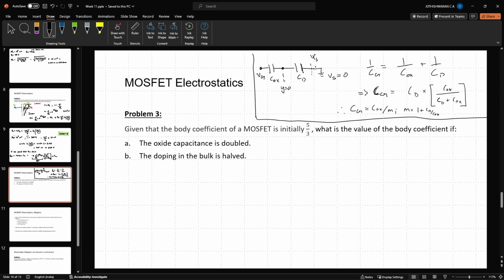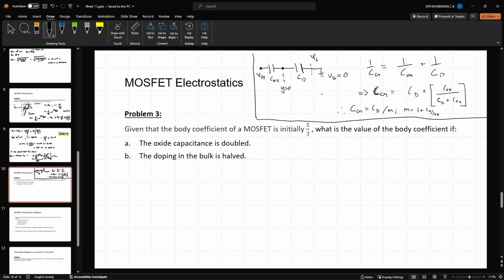So ideally speaking, I will want my gate voltage to directly get reflected in my substrate.